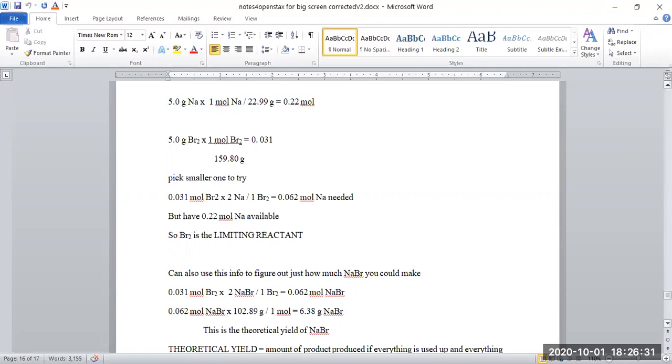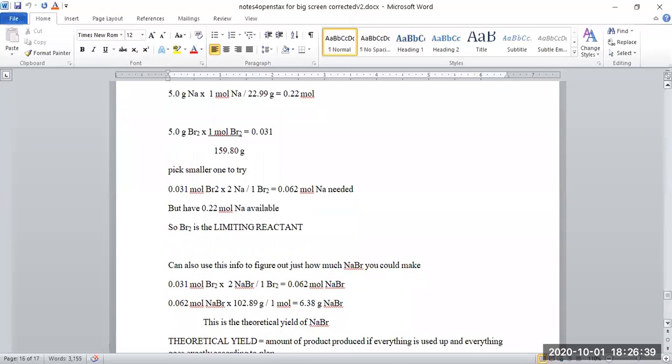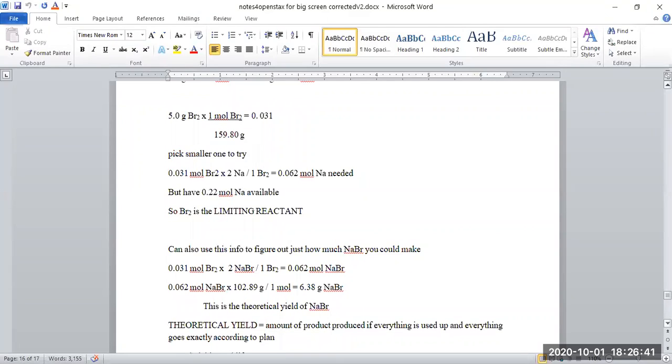Like I said, you're doing the same steps, just doing some of the same steps more than one time. The ratio this time around has NaBr on the top. So 2 sodium bromides per 1 bromine molecule. The number of moles is the same, 0.062, but this time it's moles of sodium bromide.